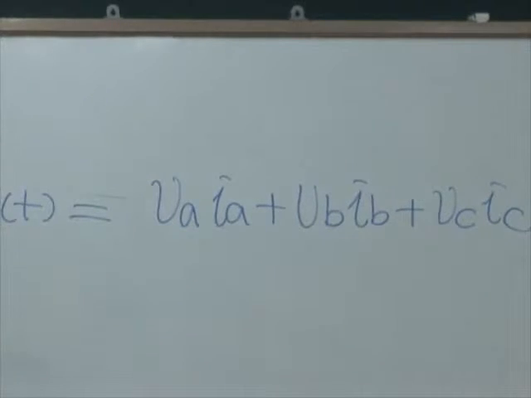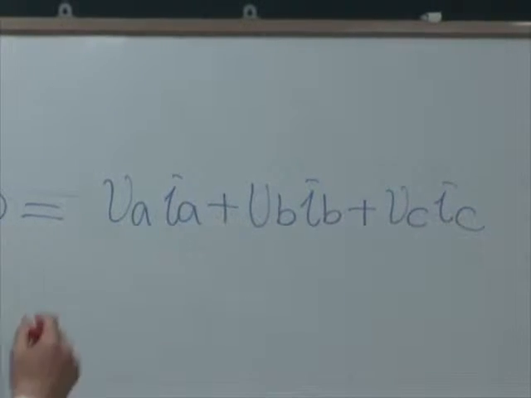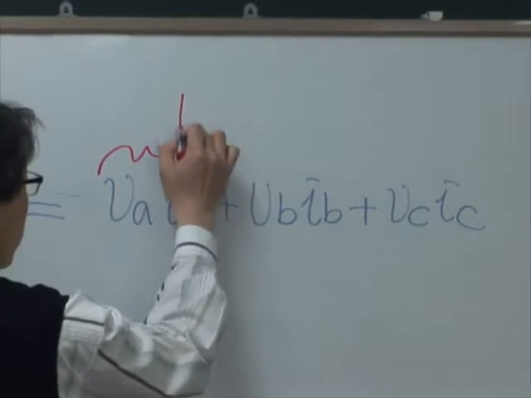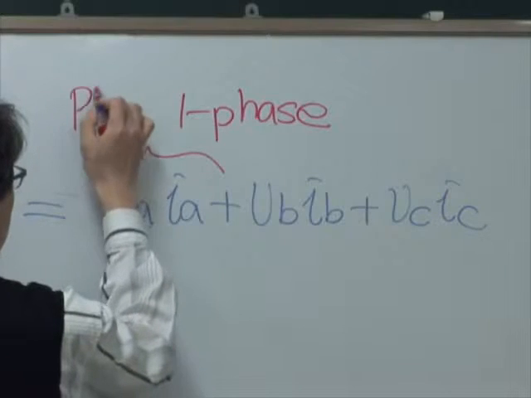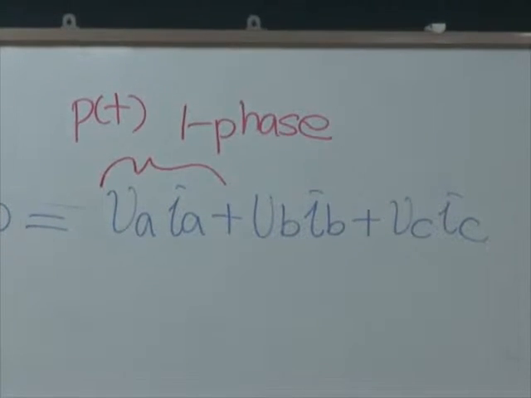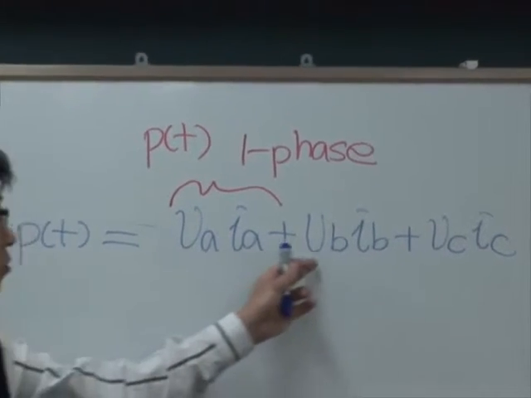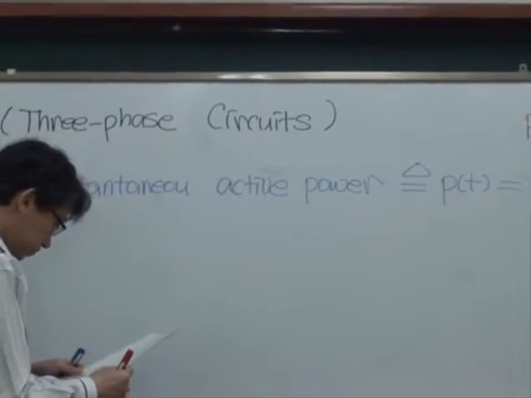Okay? This is quite straightforward. Once you look at your class notes, this was for the single phase case, P(t). But since we have a three-phase system, we just added 2 more terms, phase B and phase C.